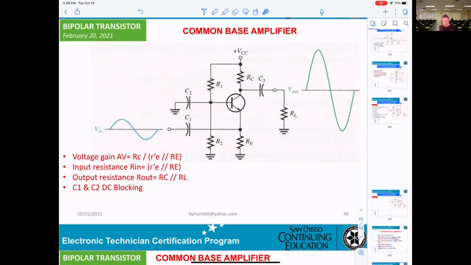We have to deal with the gain, the input impedance, low or high, and also the output impedance, low or high. When you connect the signal into a low input impedance, that will load down the signal. They don't want that, so they have to select an amplifier with high input impedance.